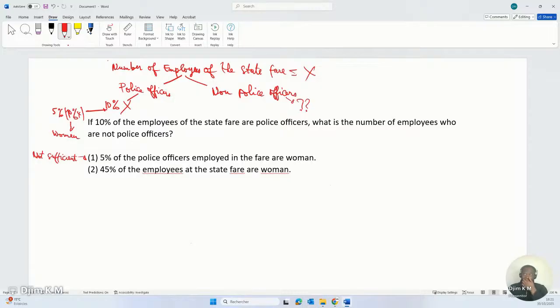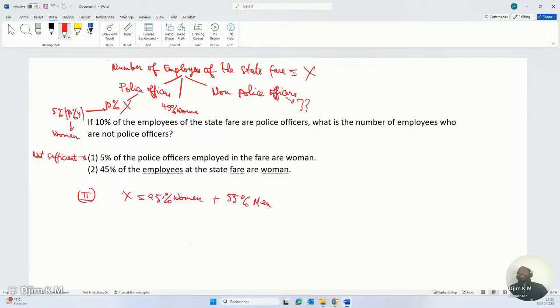The second condition says 45% of the employees at the state fair are women. So what this also tells us is that here we have 45% women, or we can say X, which is the total number of employees, we have 45% women plus, so probably 55% men.